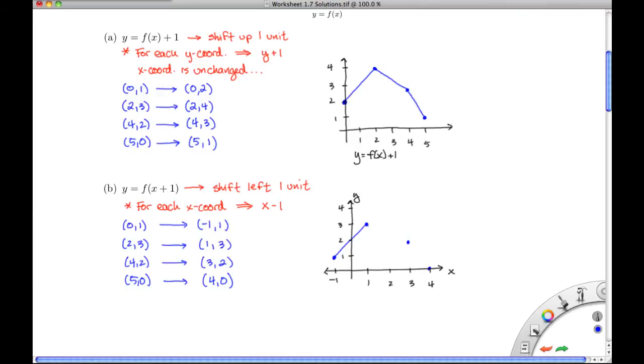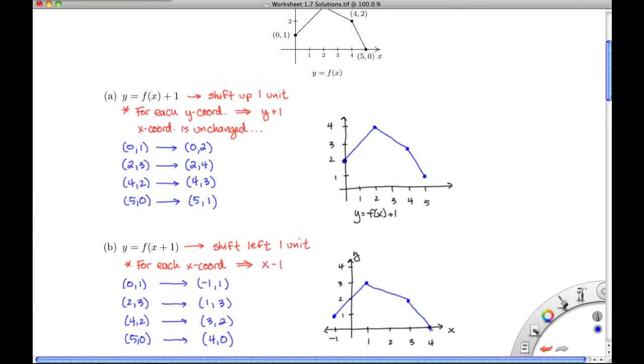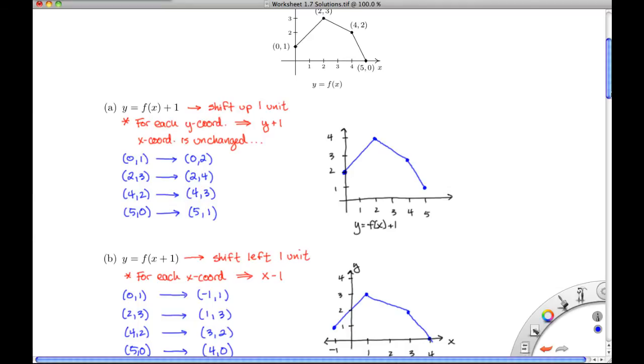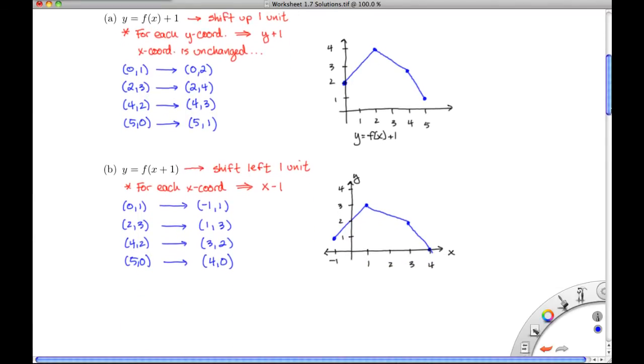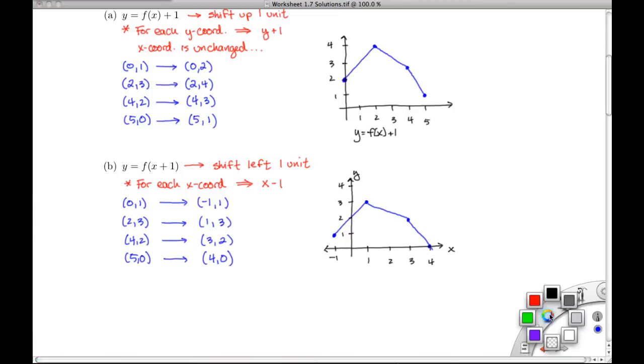Kind of missed that. Easier said than done. Okay, so that's our graph, and if we look at the curve, the last one, we can see that has been shifted to the left 1 unit. So this would be a graph of y is equal to f of x plus 1 as argument.